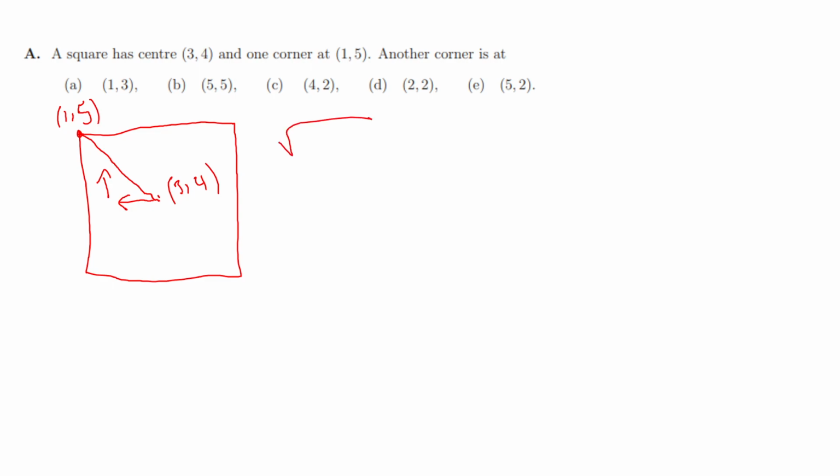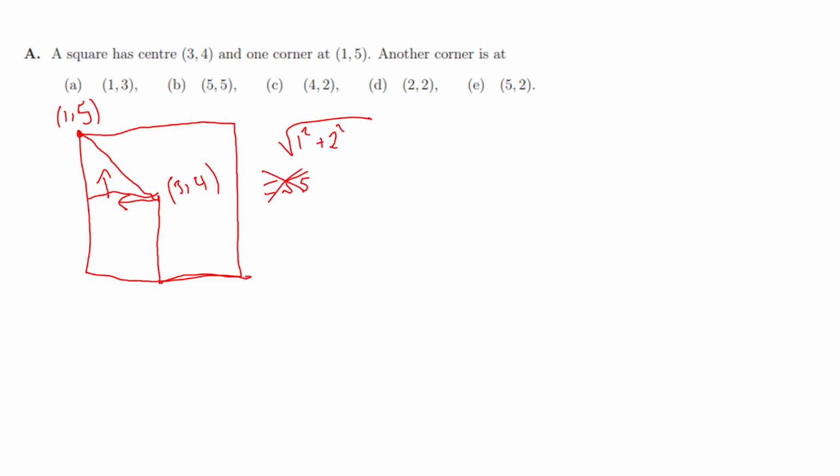So if we just go 5 minus 4 squared, which is 1 squared, 3 minus 1 squared, which is 2 squared. So our length is root 5. Well, to be fair, we can just say we've gone 2 down and we've gone 1 across, and then we want to go 2 down and 1 across again. So kind of ignore the length bit there.